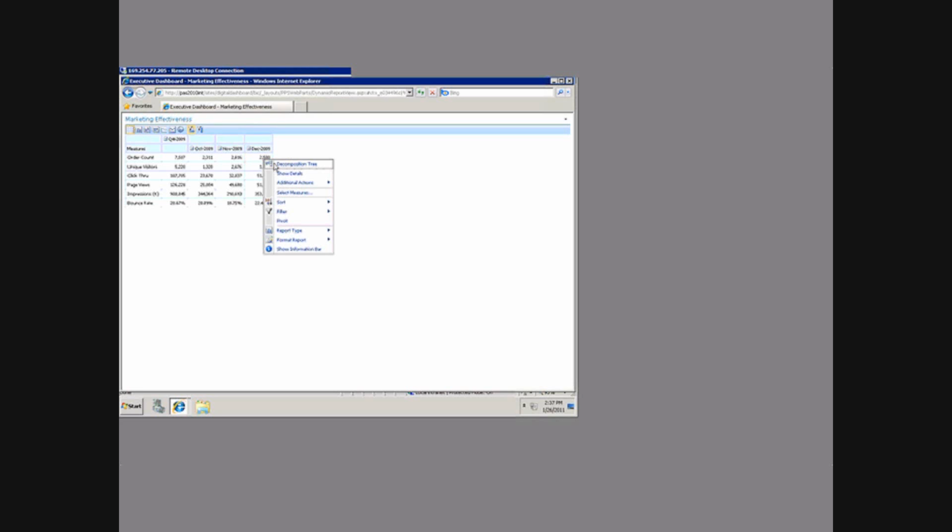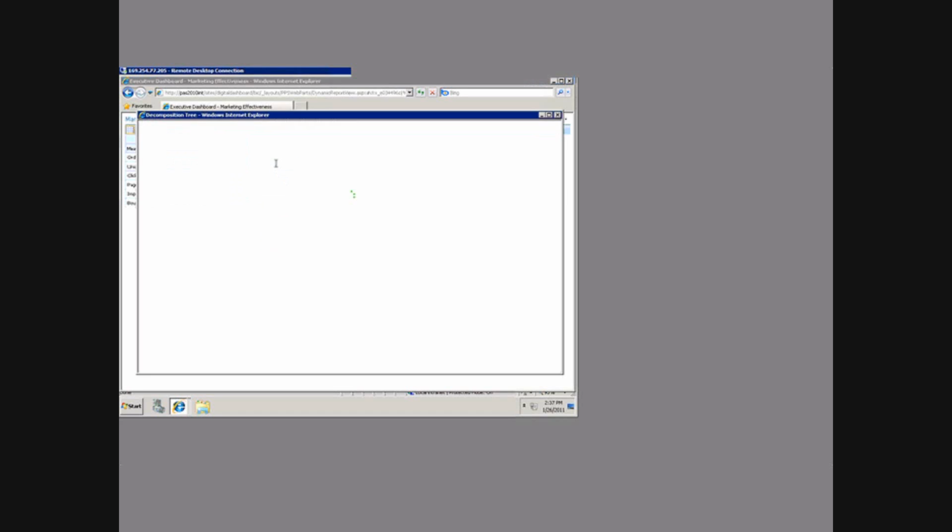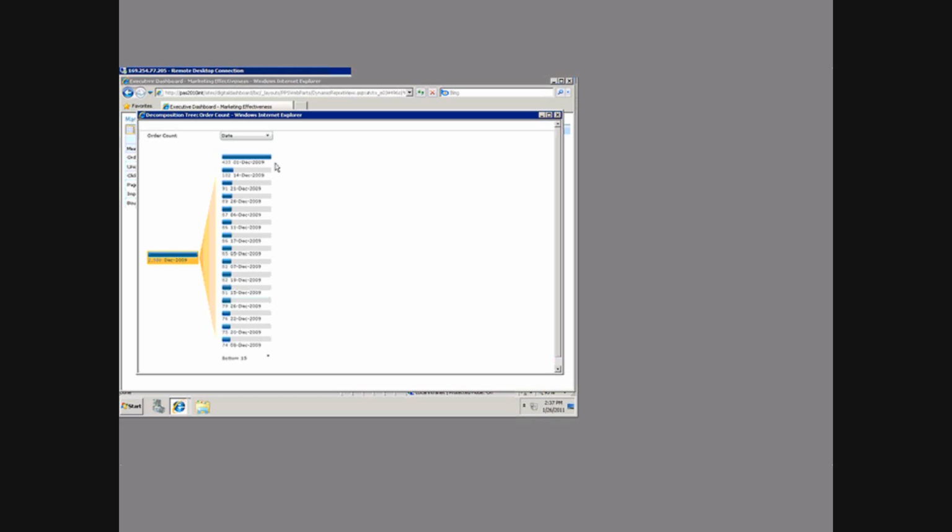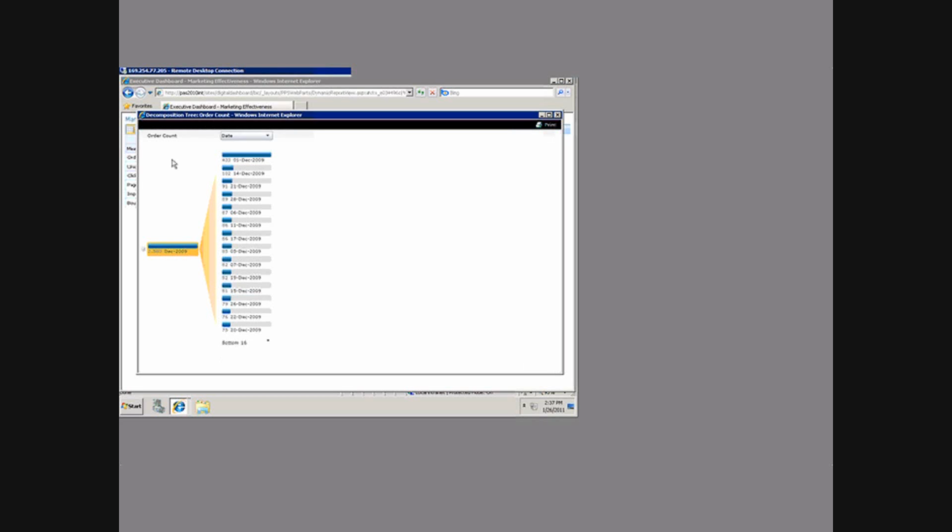So within the same Performance Point tool set, I can open what's called the decomposition tree. This is something that's native to Microsoft that allows me to break down a single metric across different dimensions. So here it takes those 2,600 orders that I received in December via marketing, and it's immediately breaking them out by date.